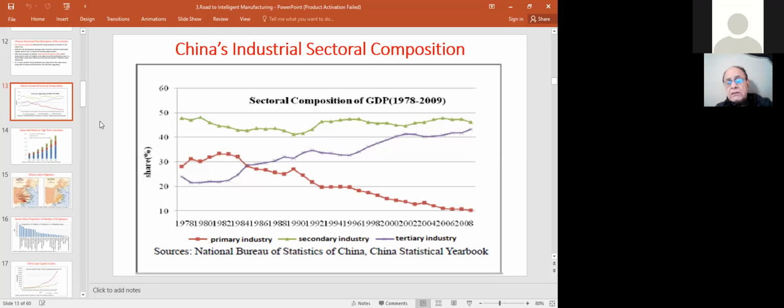In today's interconnected world, distance really doesn't mean much. So we can make use of people who are living in far-flung areas, small towns and villages, and integrate them into our manufacturing and take advantage of them.